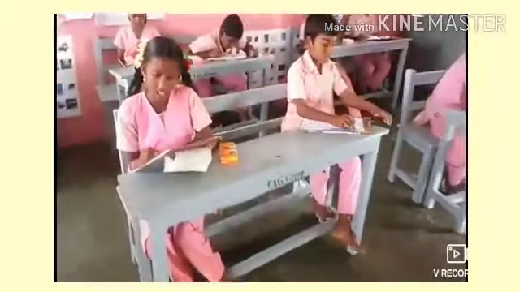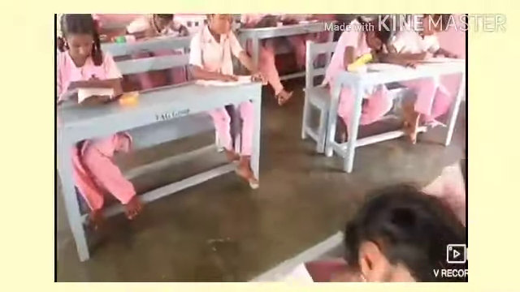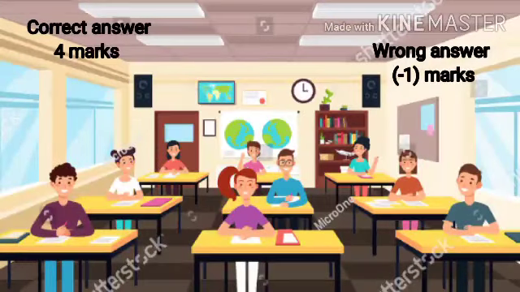Let the number of questions answered correctly be x. So the marks obtained for answering correctly is 4x. And the marks lost for answering wrongly is equal to minus 1 into 60 minus x. Here 60 minus x is the number of questions answered wrongly. So the equation is simple.